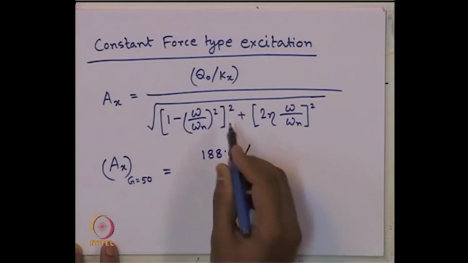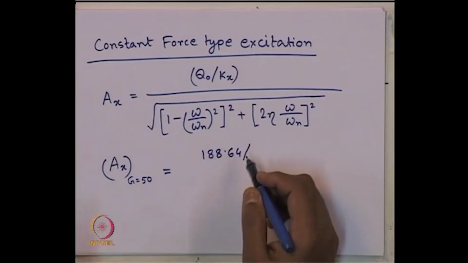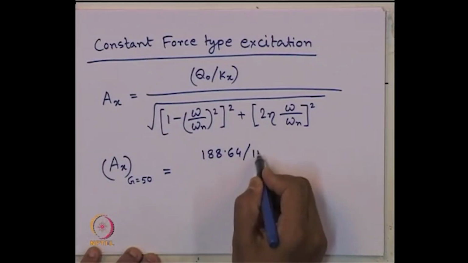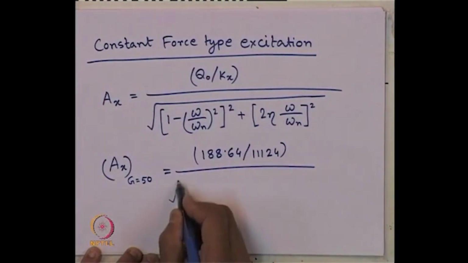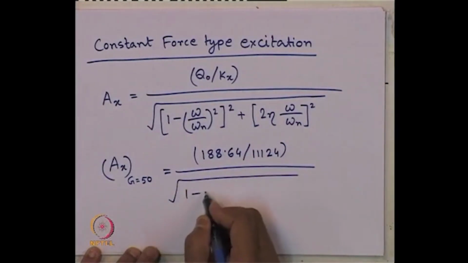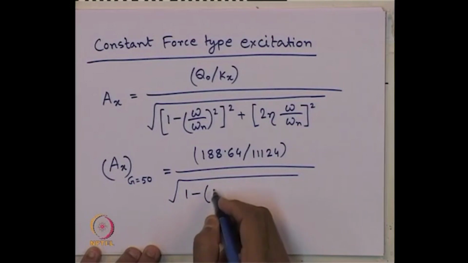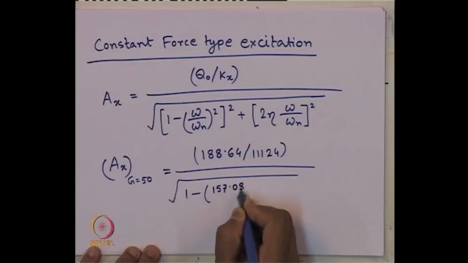188.64 divided by Kx. For the first case we got 11124, into root over 1 minus, what is omega? Omega is the operating frequency, that is 1500 RPM, which we have converted to cycles per second, 157.08, right?